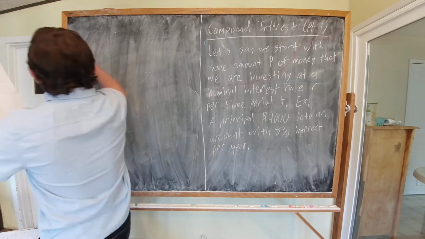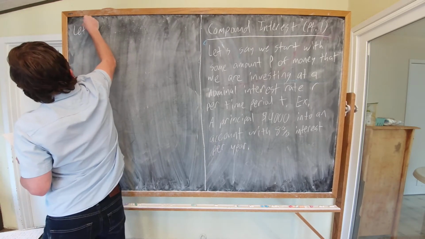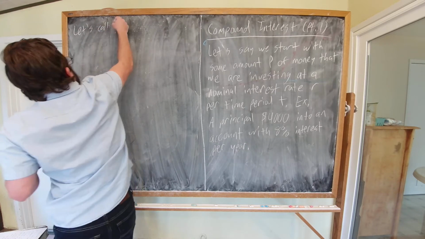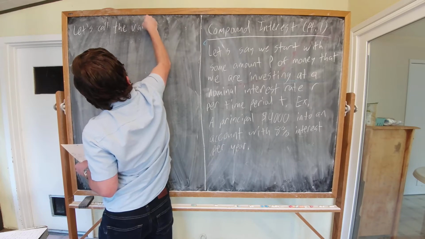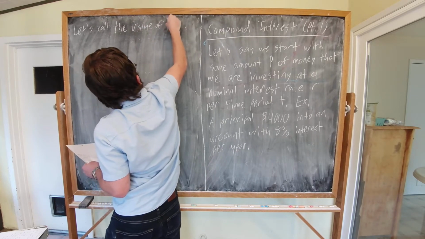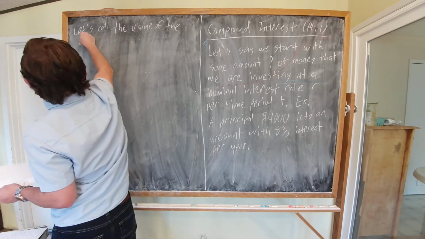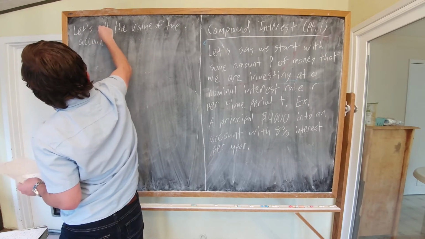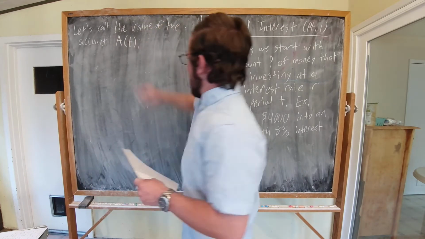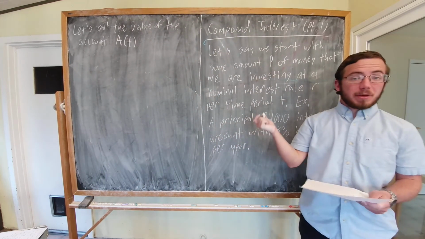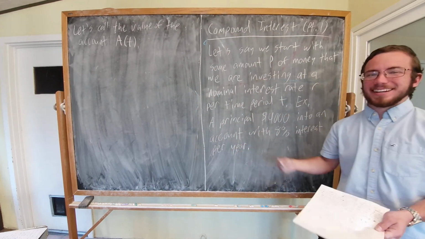All right. Let's call the value of the account, aka the amount of money in it, A of t. So the amount of money is going to be a function of the amount of time you spent investing that money.